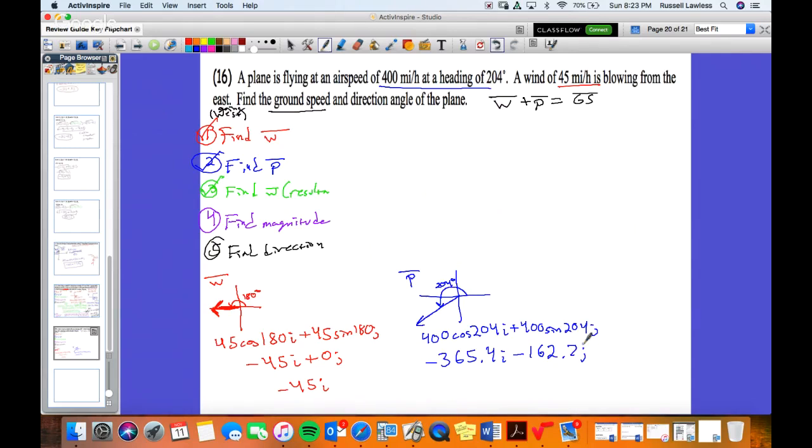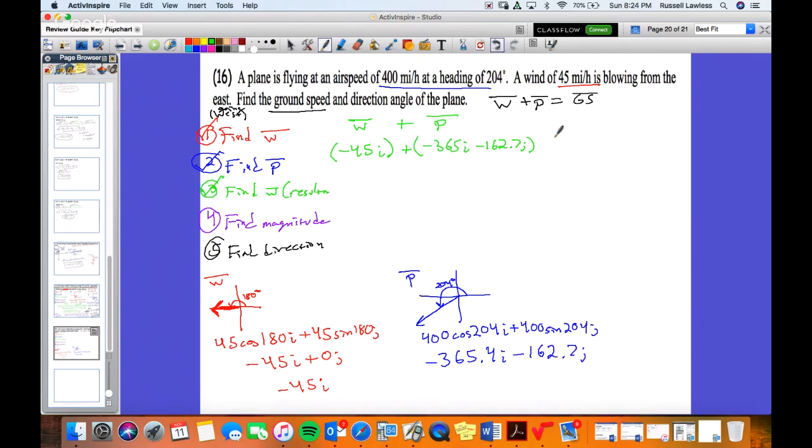162.7j. And so to find out what's going to happen, we're going to do our vector W plus vector P. So then that would be the vector of negative 45i plus negative 365i minus 162.7j.